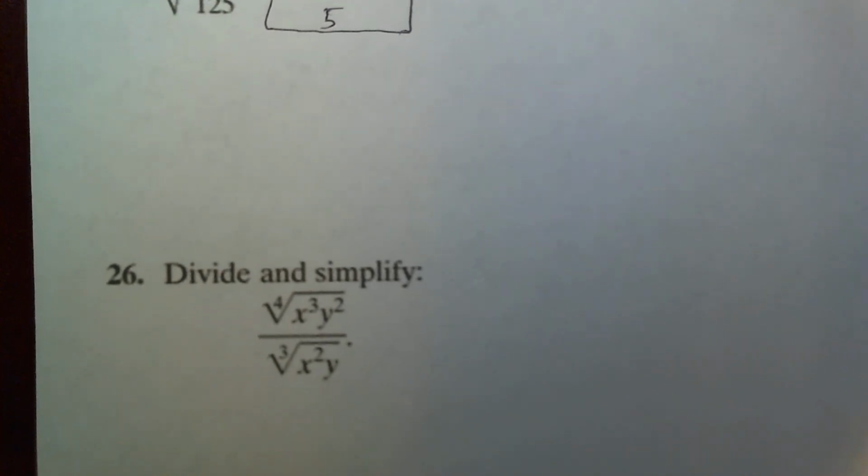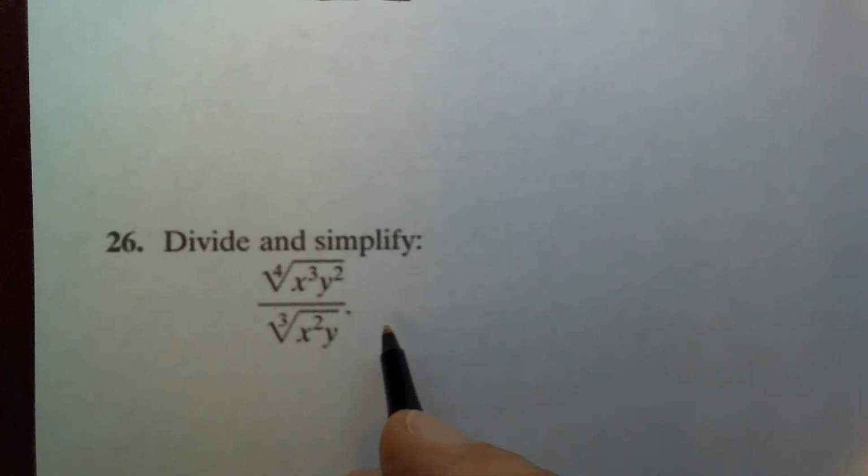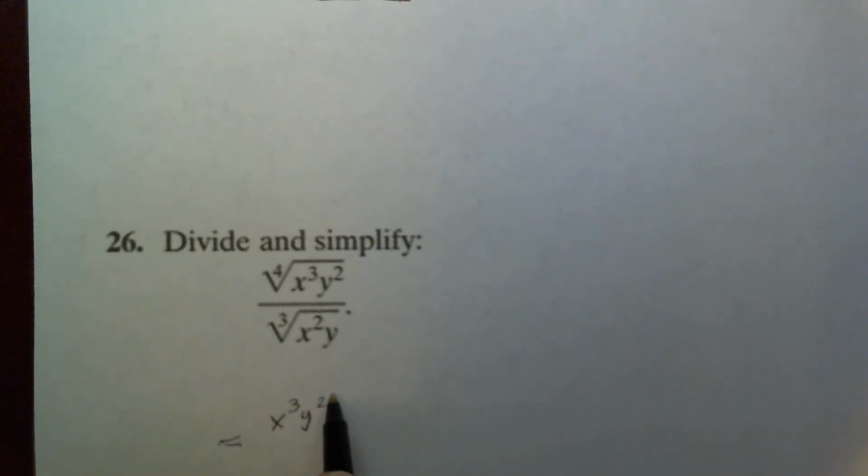So number 26, we can write as x to the third y squared to the 1/4 power, and in the denominator we have x squared y to the 1/3 power.